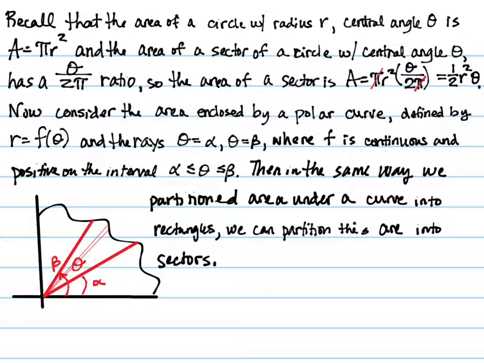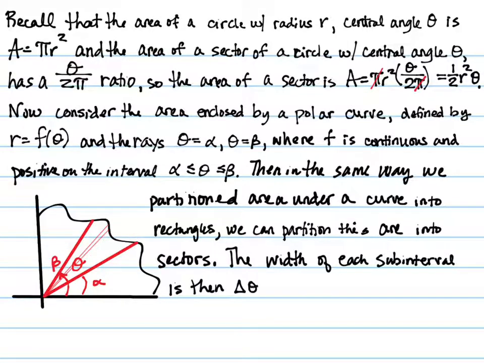Okay, so that's just what we had just said. The width of each subinterval is then delta theta, which would be theta sub i minus theta sub i minus 1, which is beta minus alpha divided by n, where n is our number of subintervals.